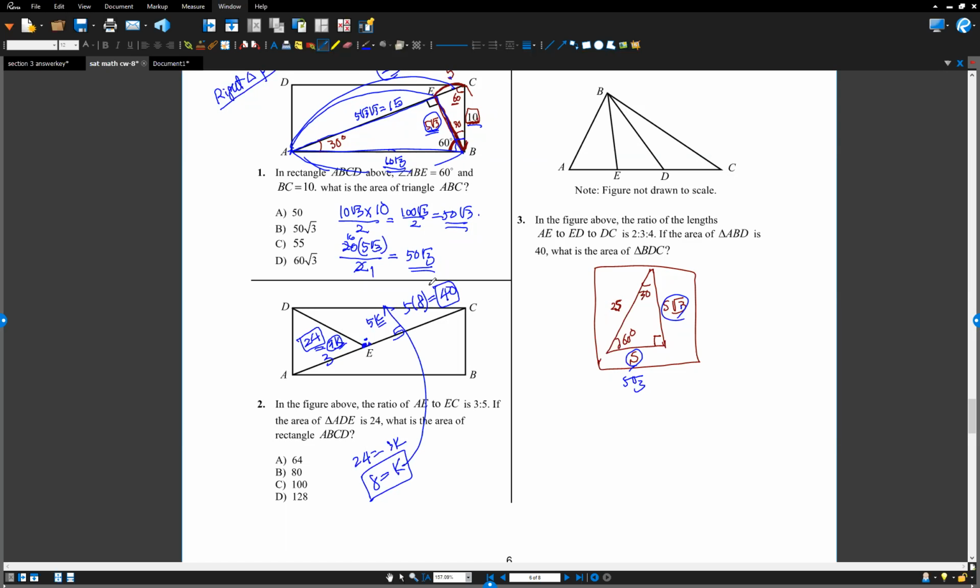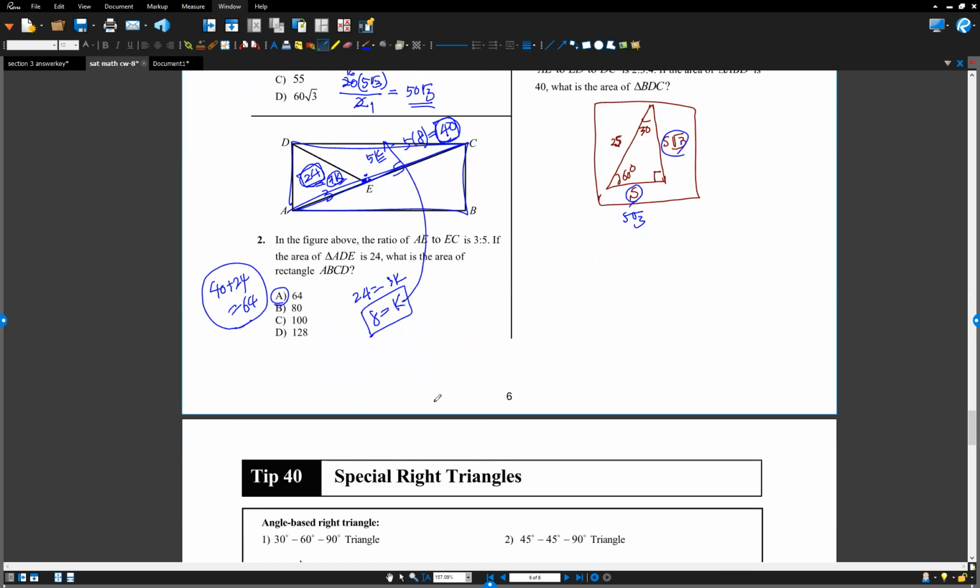So what is the area of ABC? It's this area plus the other area. 40 plus 24 equals 64. Okay, that's enough.